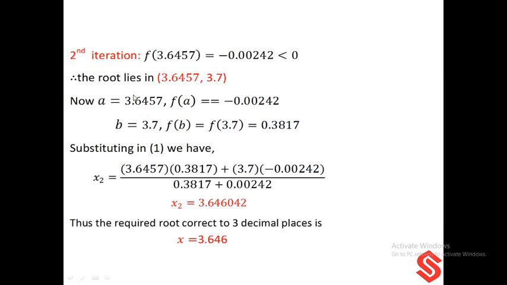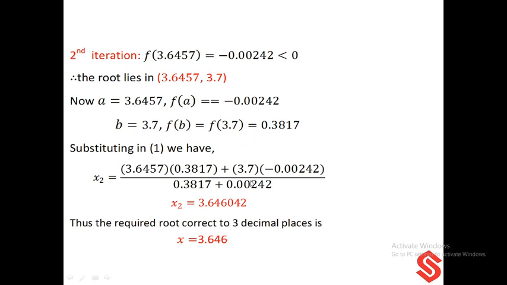Next, in second iteration, we get the value of f of 3.6457, which is negative. But already we have f of 3.7 is positive. So now the root lies in the interval 3.6457 and 3.7. Now in this iteration, taking a is equal to 3.6457, b is equal to 3.7, and we have the values of f of a and f of b.